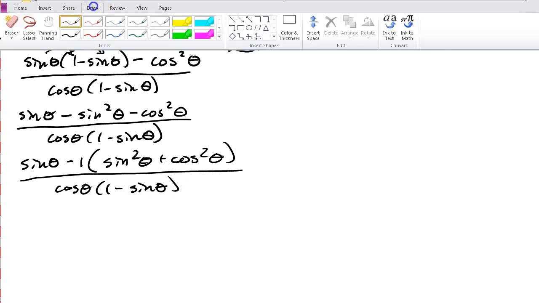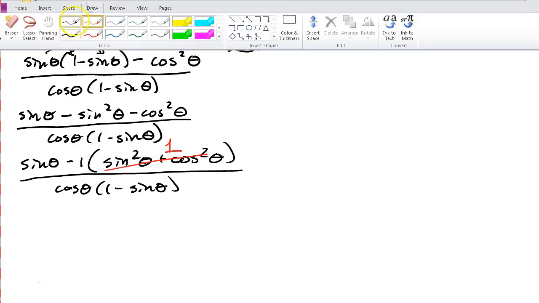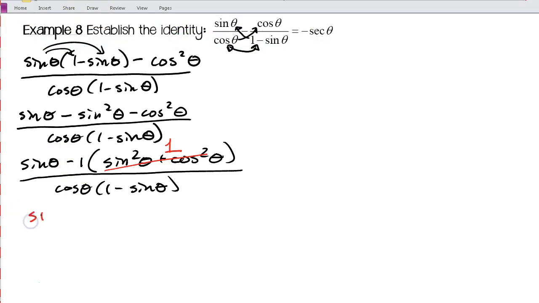Alright, and now I know that sine squared theta plus cosine squared theta is 1. So in my numerator now, I have sine theta minus 1, because I have negative 1 times 1, over cosine theta times 1 minus sine theta.